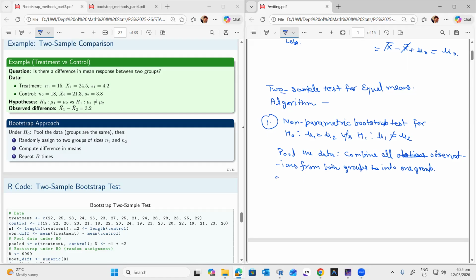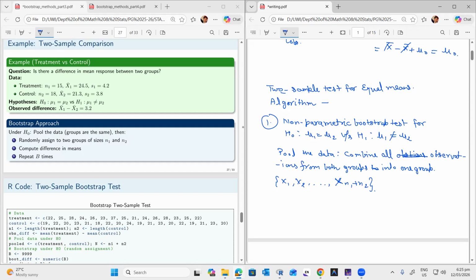That will look like x1, x2 up to x n1 plus n2. Okay, so that will be your data set.